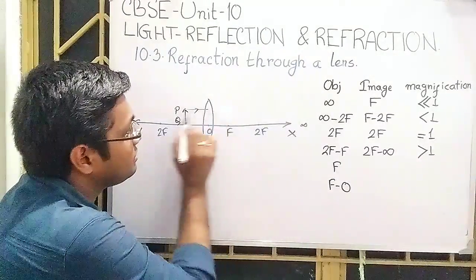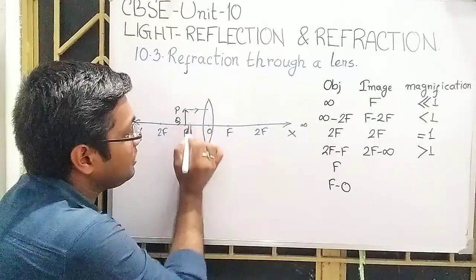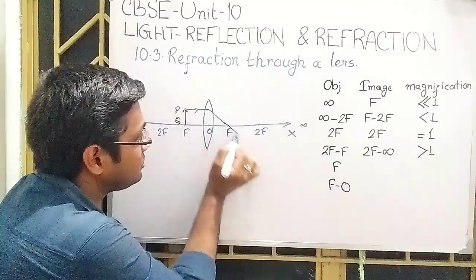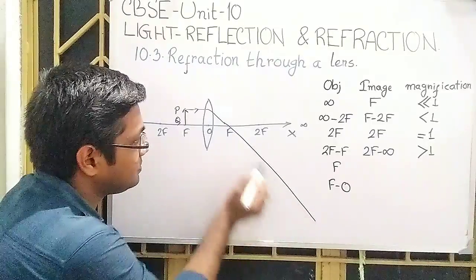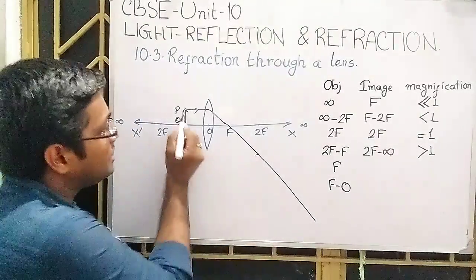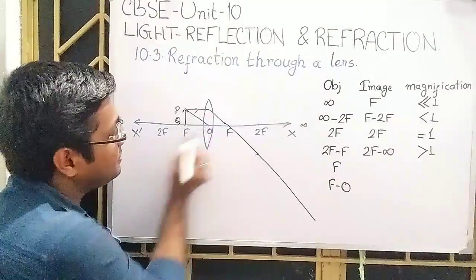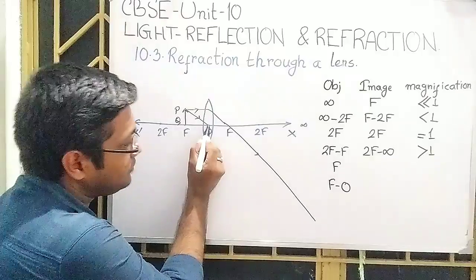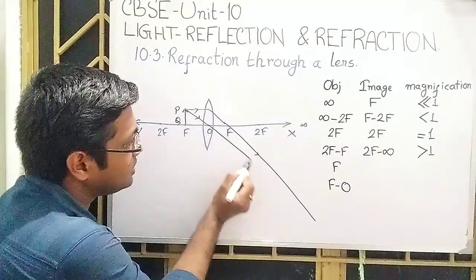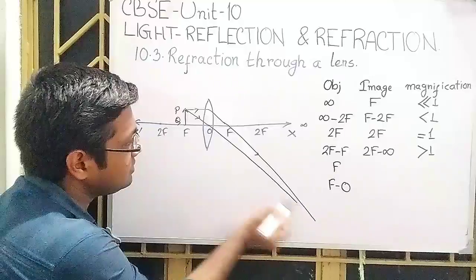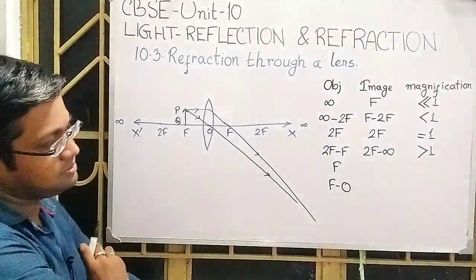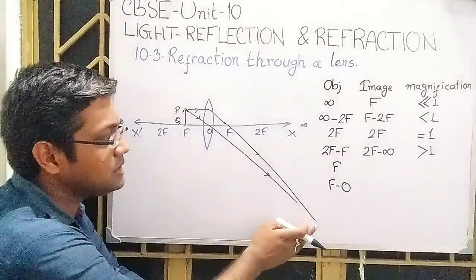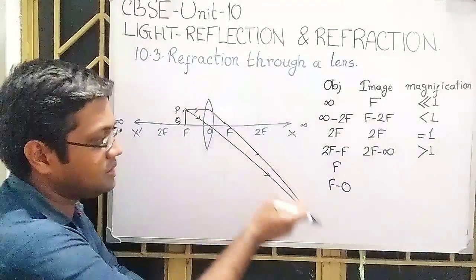The light ray coming out from the point P, parallel to the principal axis, after refraction passes through the focus. Another light ray coming out from the point P, passing through the optical center, after refraction moves undeviated. So just look at this. They are converging, no doubt, but they will not meet at a finite distance.